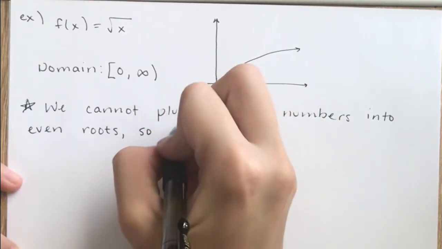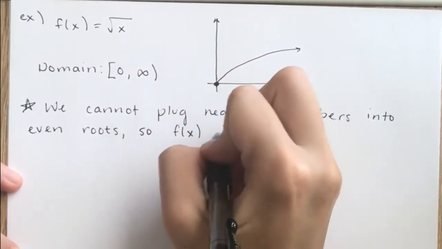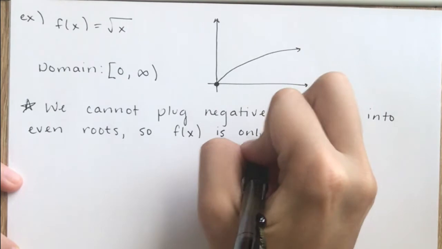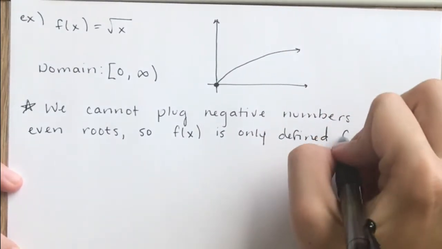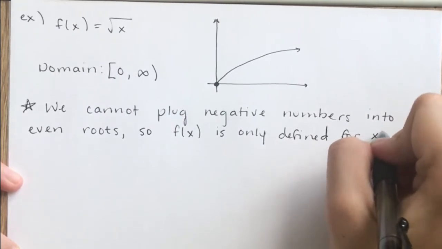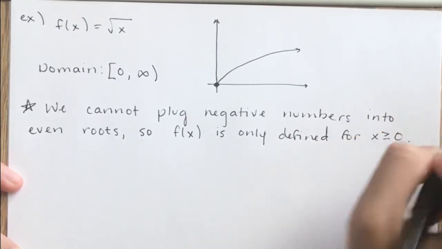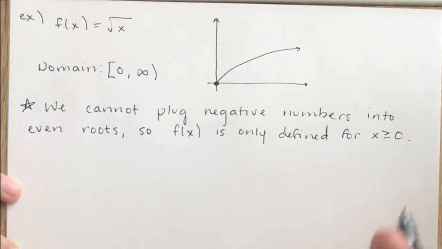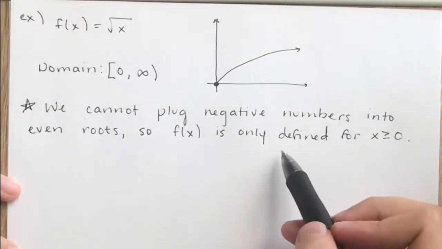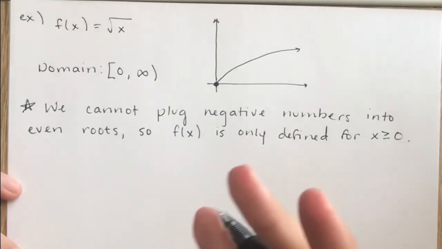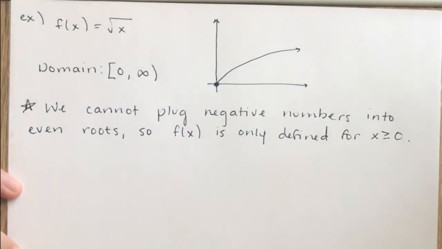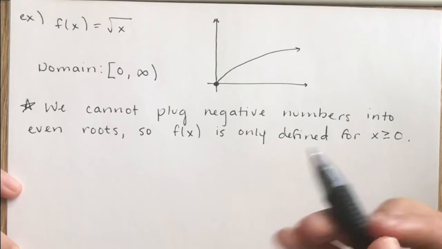So f of x is only defined for x values that are greater than or equal to 0. So why is this? Well, the square root function is always asking us, what number can I multiply by itself to give me this x value?